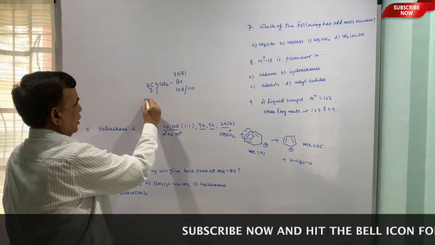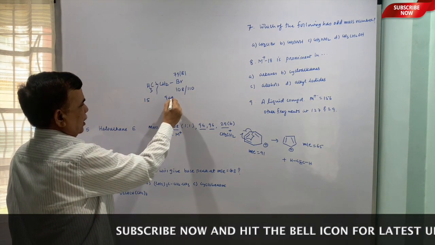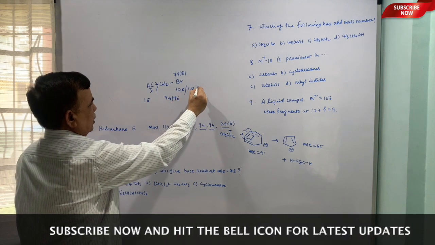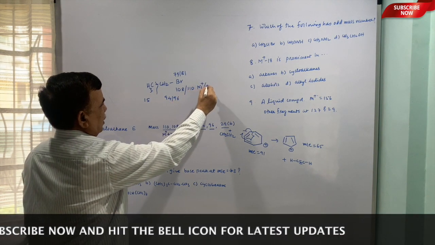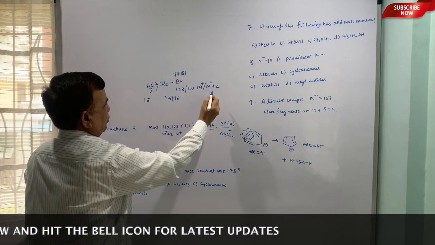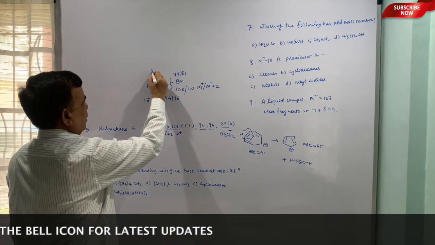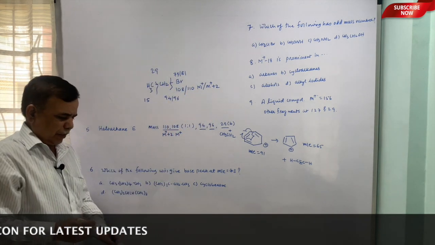So this is 15, this is 94 or 96, this is M plus and M plus 2, and this part is 29. So you can explain all the fragments.